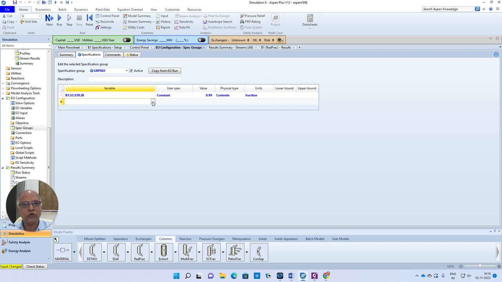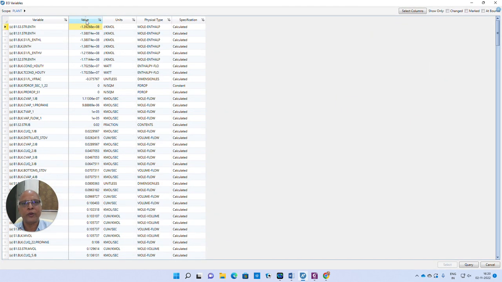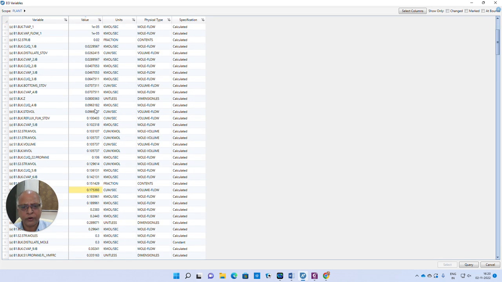Now what is the variable you would like to manipulate? We are already manipulating the reflux ratio. So I would like to manipulate the distillate rate in order to achieve this purity. Distillate rate has been given to be 0.3 initially. So let me see where is 0.3.